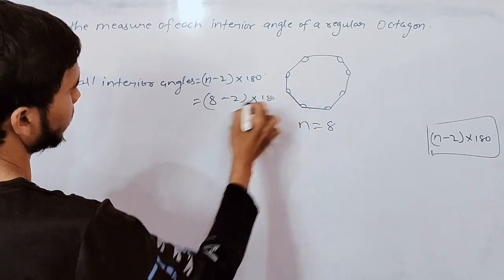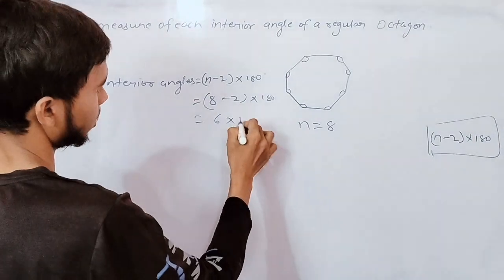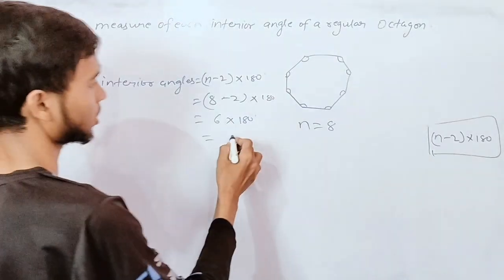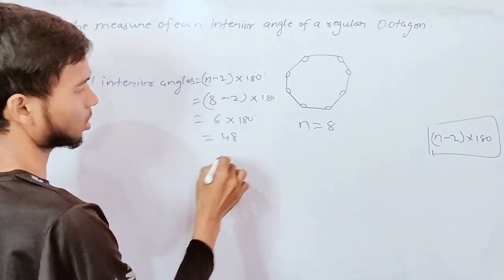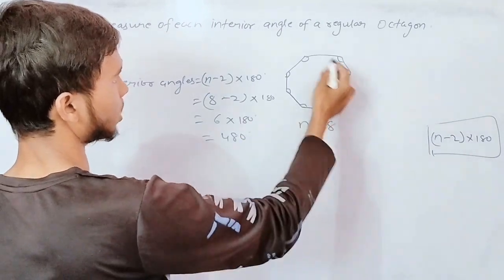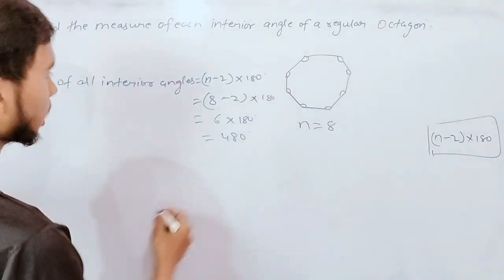By doing that, we get 6 times 180. 8 sixes are 48, so it is 1080. This is the sum of the interior angles.